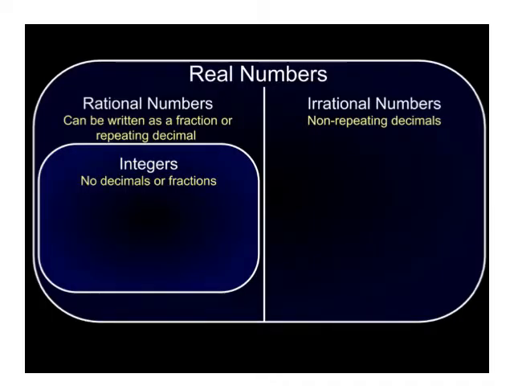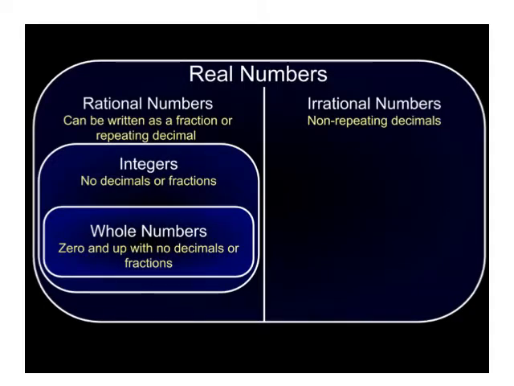All right, now within these categories, we have two other categories we'll see. They're both going to be within the rational side here. The first is integers. And yes, notice the pronunciation, integers, not integers. An integer basically says that there's no decimal or fraction in it. A lot of people end up calling them whole numbers, but whole numbers are actually slightly different.